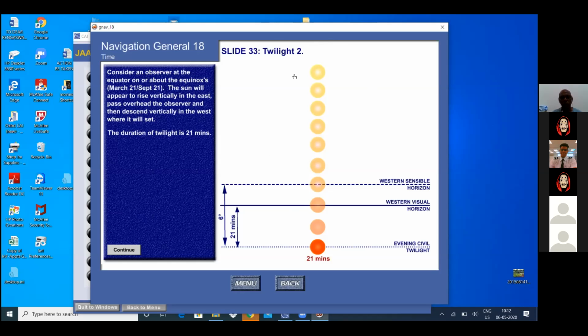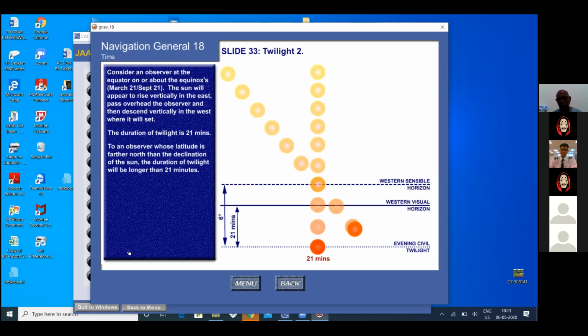Yes, sir. Okay. So this is when the sun is directly above us. For an observer in the higher northern or higher southern latitude, depending on the time of the year, the sun will travel this way and this way. The time for the sun to travel between here and here is 21 minutes.